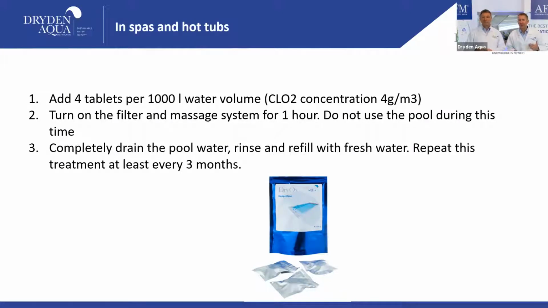But anyway, similar procedure. You add 4 tablets per 1 cubic meter of water, so per 1,000 liters. You turn on all your pumps, your filtration system, your air blowers for 1 hour. I think with the air blower, it's good to turn it on and off 2 or 3 times. Why?